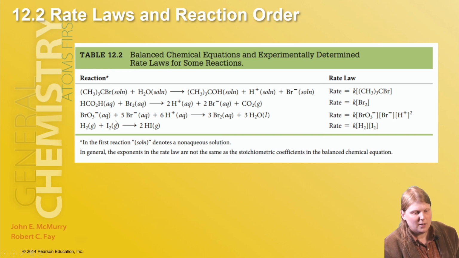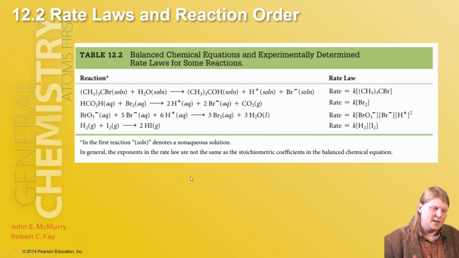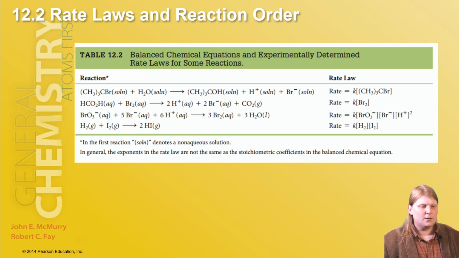Sometimes that happens, but it's definitely not something you can guarantee. This really does need to be verified empirically. As you can see, there's not always a clear connection. Sometimes there is, and we'll learn that when the stoichiometry and the rate law are the same, we can describe that reaction as what's called elementary. We'll see that in several parts ahead in this chapter.